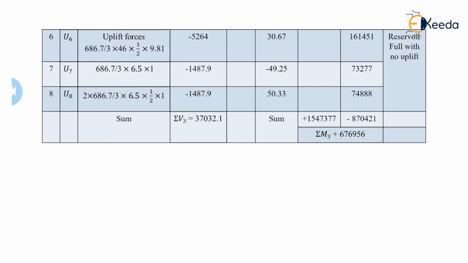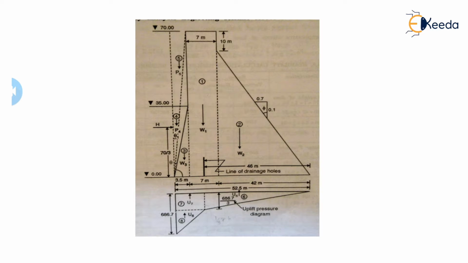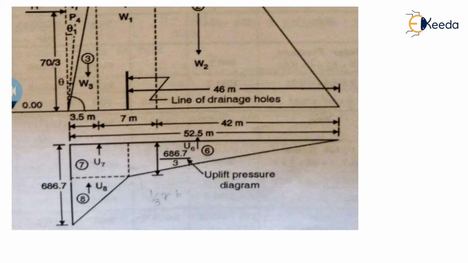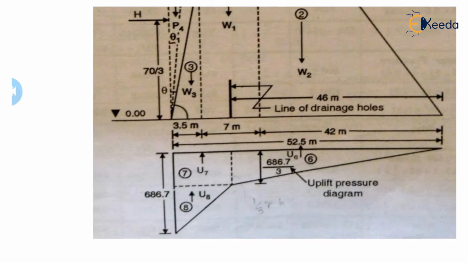Now next, when the reservoir is in full condition, as we just discussed, we have to consider the uplift forces also. So again in the diagram, look at the uplift pressure diagram. Based on the various conditions, our uplift pressure diagram will arise. First of all, when there is water pressure on the upstream side, we get the value 686.7.